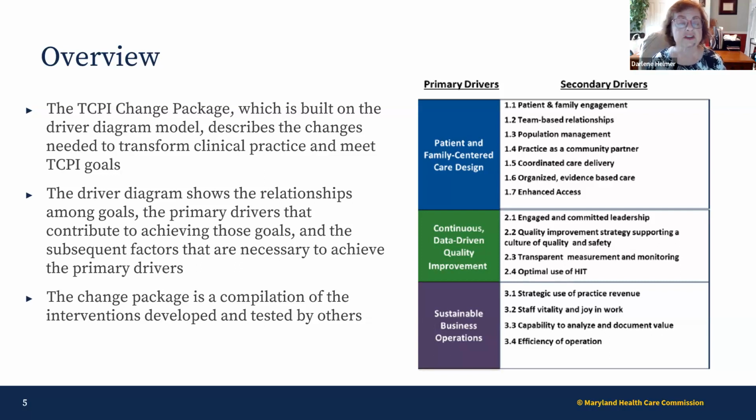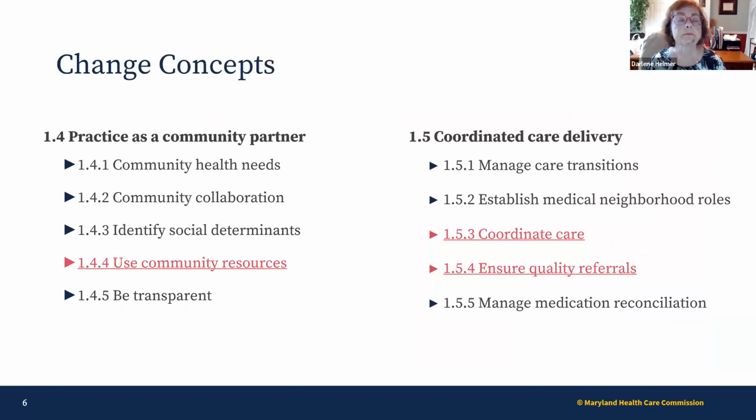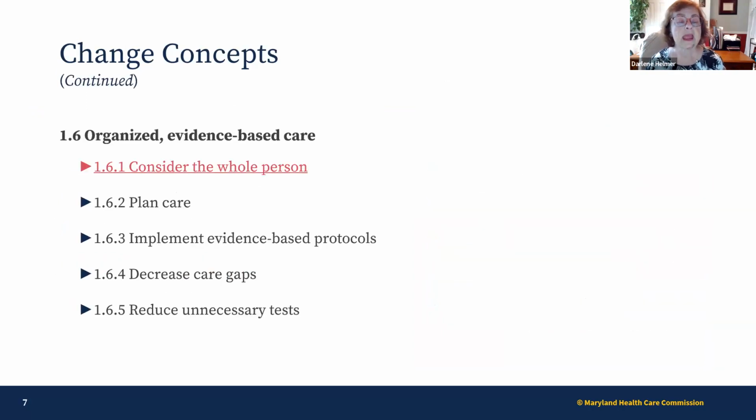This is a compilation of all the interventions developed, and they've all been tested. Today we will be talking a little bit about using community resources, coordinating care, and ensuring quality referrals, as well as considering the health of the whole person, and making sure that everybody knows what's going on with that patient.